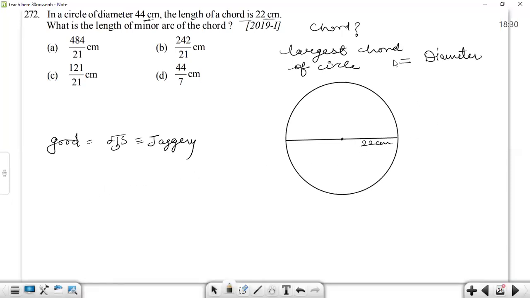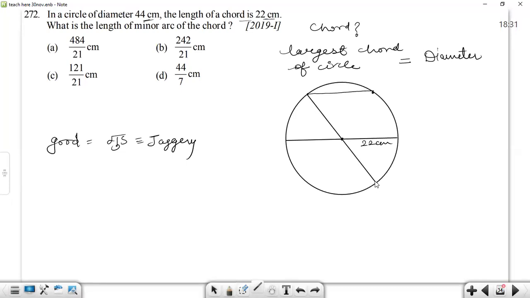Okay. So the chord is 22 centimeter in length, connecting one point of the circle to the other point. Don't be confused about why I have taken the diameter like this. This can also be like this. It just has to pass through the circle.